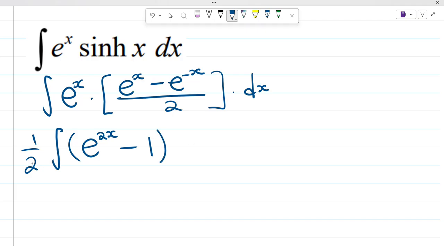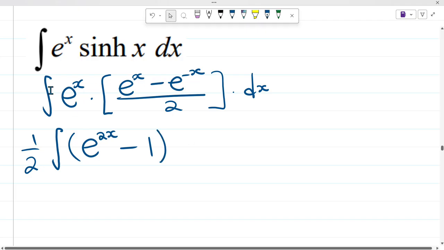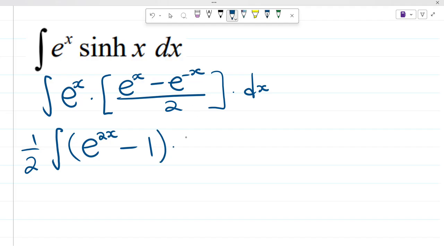How did I get 1? e to the power x multiplied by e to the power negative x. The exponents add to get 0. So it's going to be e to the power 0, which is the same as 1. Hence, I concluded that that is a 1. All right. Then from here, of course, we can split to avoid mistakes and confusion.